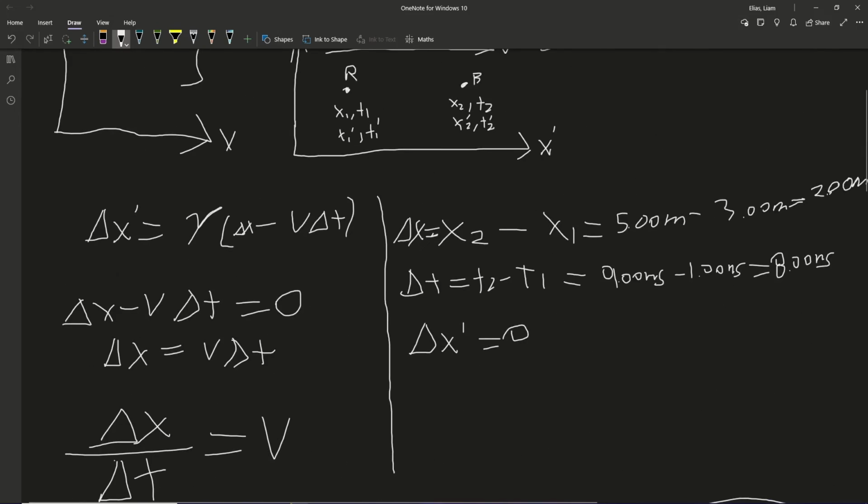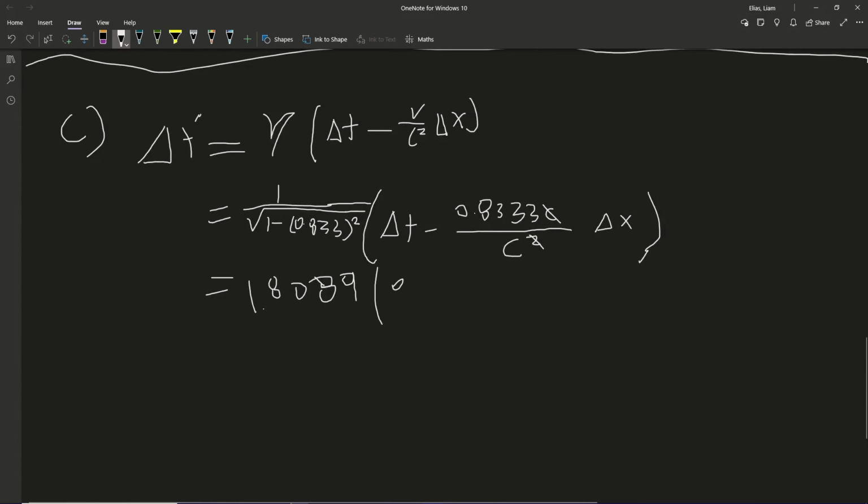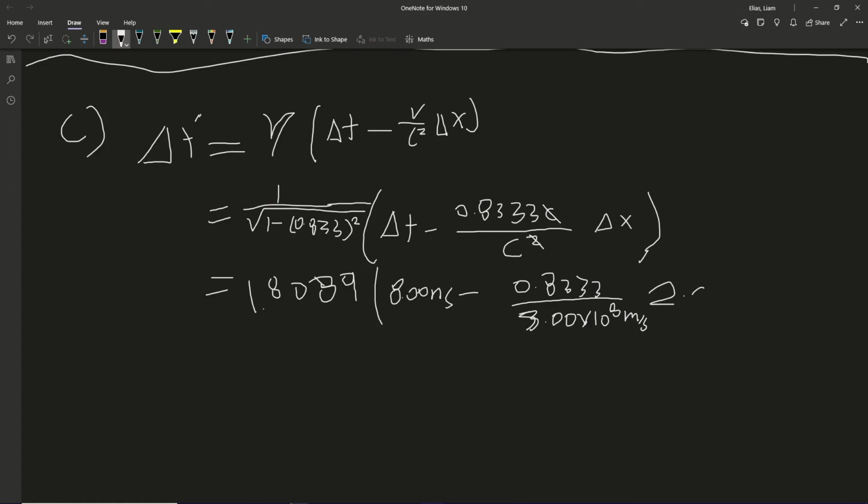If we look back here, delta t was 8.00 nanoseconds, minus 0.8333 over c, or the speed of light, which is going to be 3.00 times 10 to the 8 meters per second, times 2.00 meters. That's delta x.